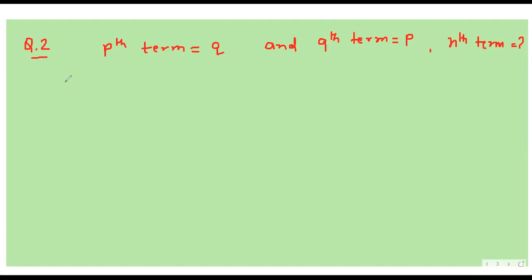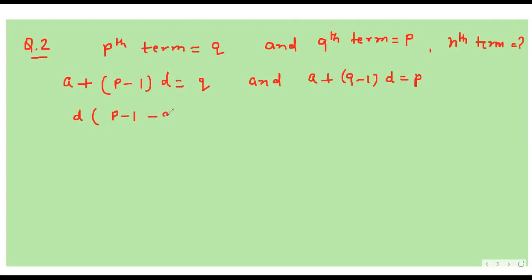So let's solve it. a plus p minus 1 times d is q, and a plus q minus 1 into d equals p. We subtract these two, so we get d times p minus 1 minus q plus 1 equals q minus p, which implies d equals q minus p divided by p minus q, which gives minus 1.